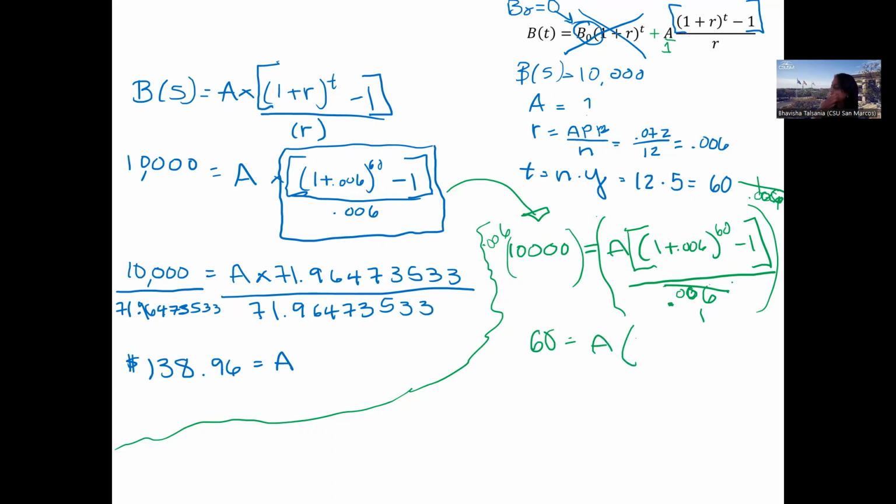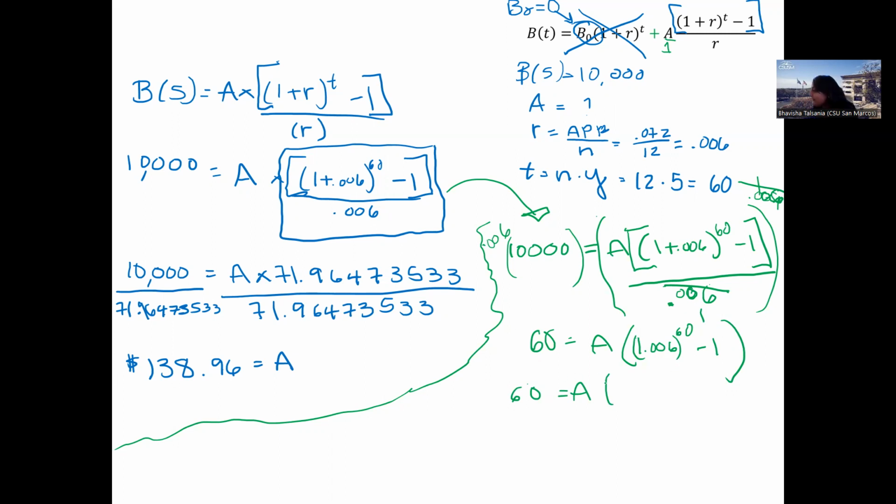Now, I'm going to make this a little bit easier on the eyes. So 1 plus 0.006 is just 1.006. All that is raised to the 60th power minus 1. And so again, when you do this part, you should get 60 is equal to A times, and I haven't done it, so I did it the other way in my notes, to the 60th.